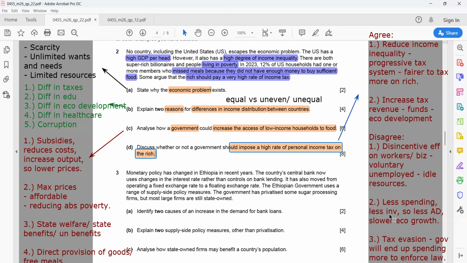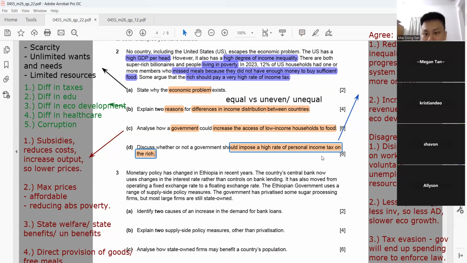So you put less investment, so less aggregate demand, slower economic growth, with less job opportunity. Okay. But take note, for this question we are asking about personal income tax, not corporate tax. So the impacts should be more towards personal income tax, which affects households, us consumers. Okay, one last question.